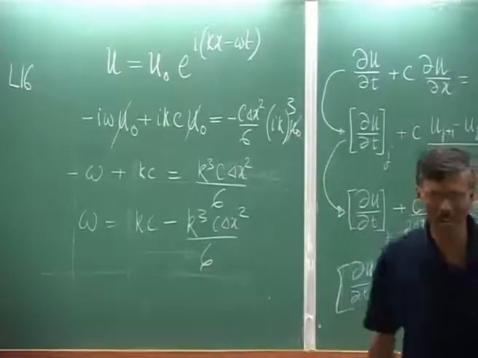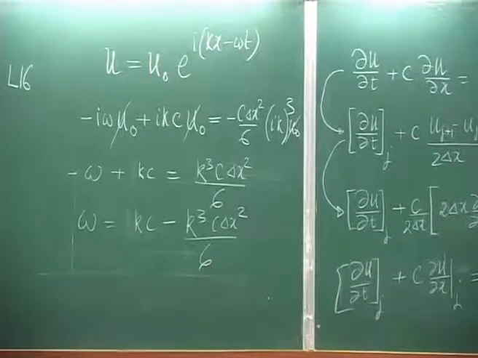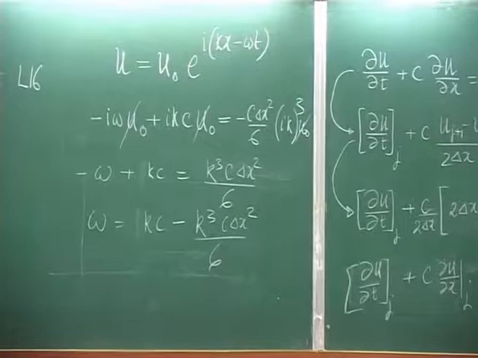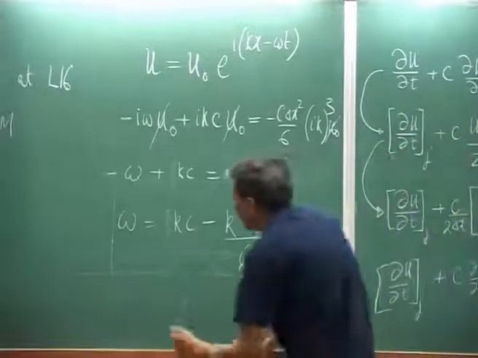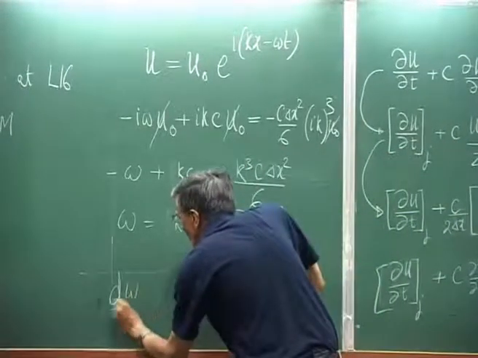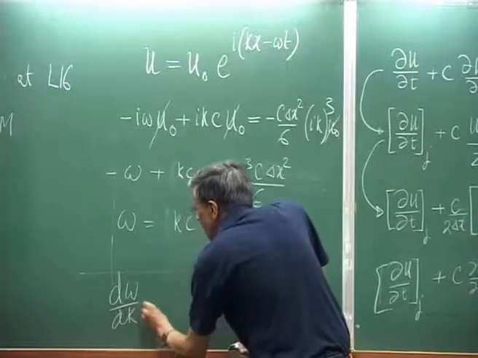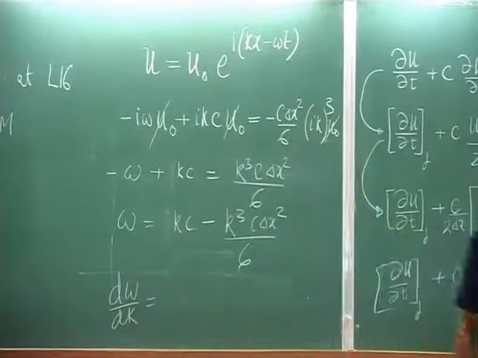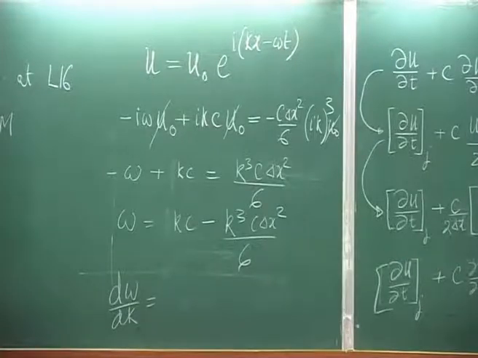So, you have omega as a function of k, and how do you find out whether it is dispersive or non-dispersive? We calculate the group velocity. If the group velocity happens to be the same for all k, then we know it is non-dispersive. If the group velocity is going to be dependent on k, that means different k components will transmit their energy at a different speed.